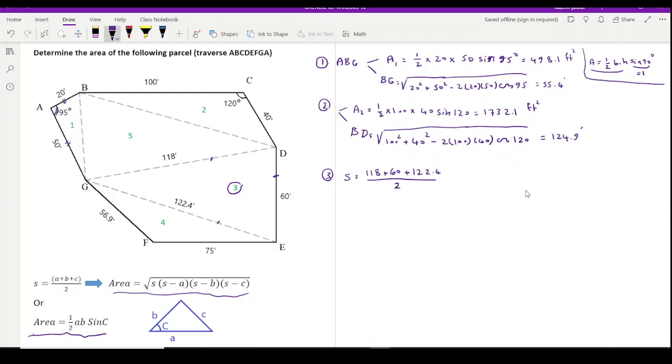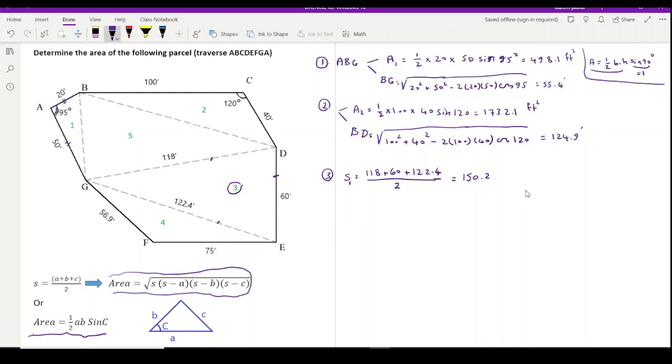Don't forget, you're not taking the average, you're not dividing by 3. You have to divide by 2. That's why I use S1 to show it. So that's going to be equal to 150.2.